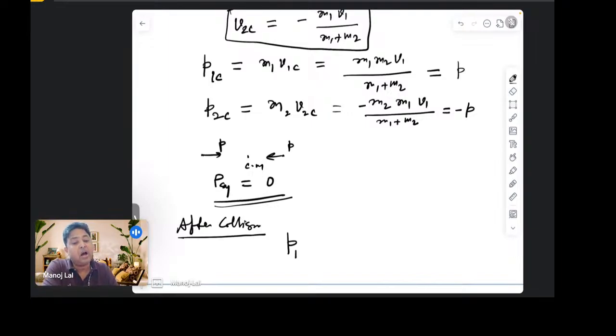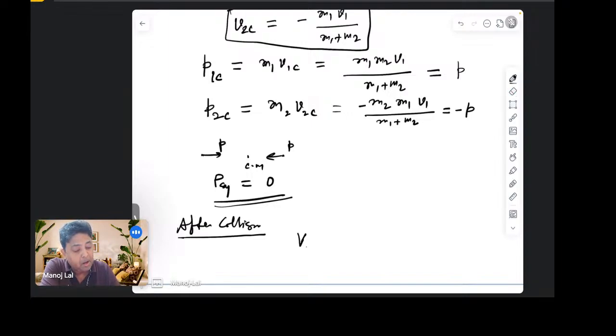Let me first calculate, after collision, the velocity of center of mass.